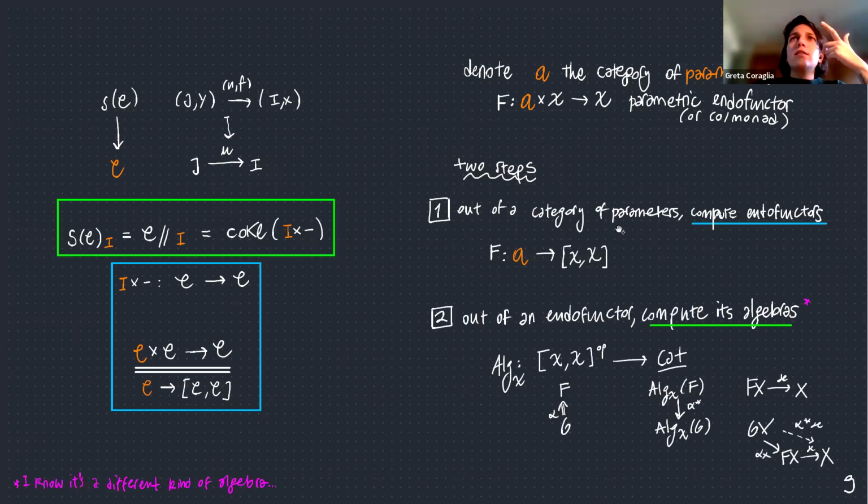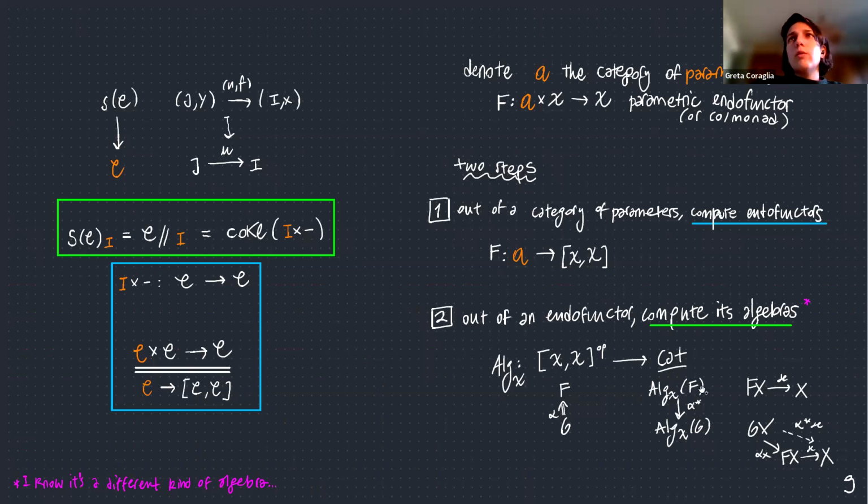And the second is, out of an endofunctor, you compute its algebras. And I know that here we have co-free algebras, but it's going to be easier if we start with simple endofunctors and algebras, and then we get to that case. So two steps. The first step we've discussed quite a lot: out of a parameter, get endofunctors. The second step: out of a functor, we want to get its category of algebras.